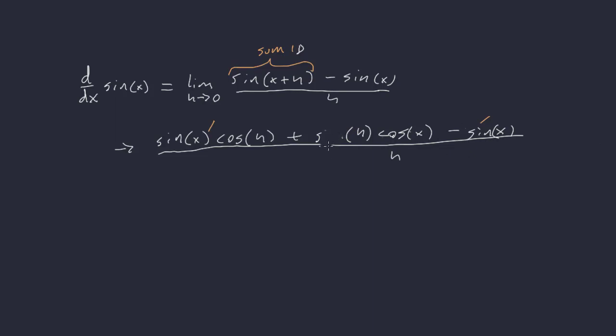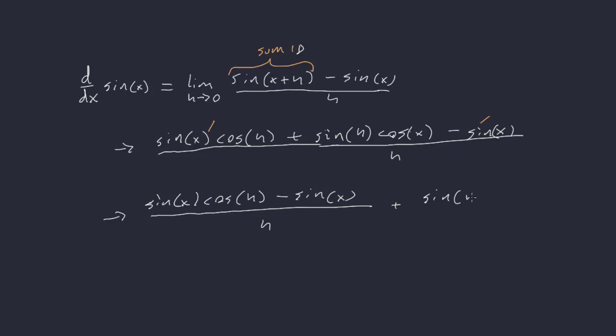So this is the limit as h goes to 0 of sine x cosine h minus sine x, all over h, and then I will have what's left here, which is sine of h times cosine x all over h.